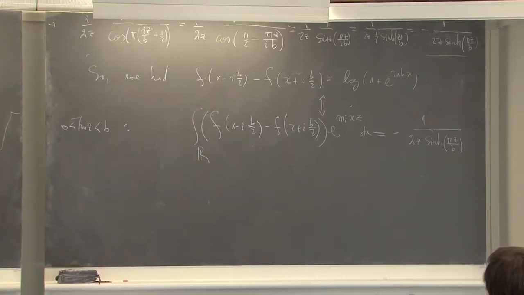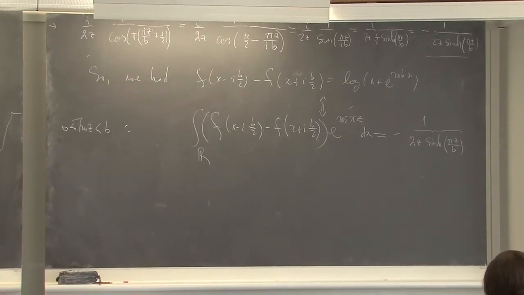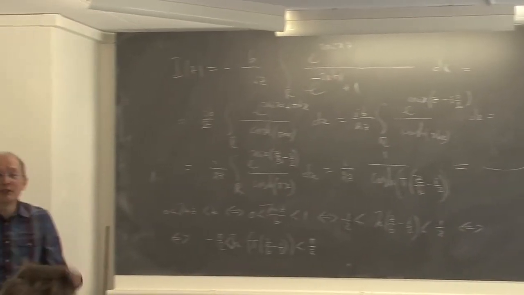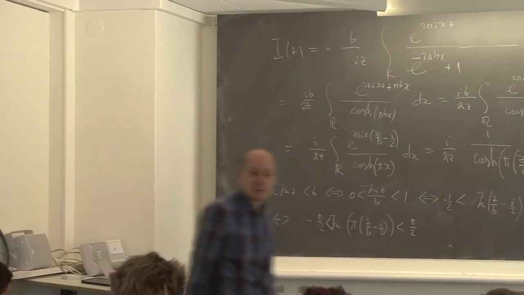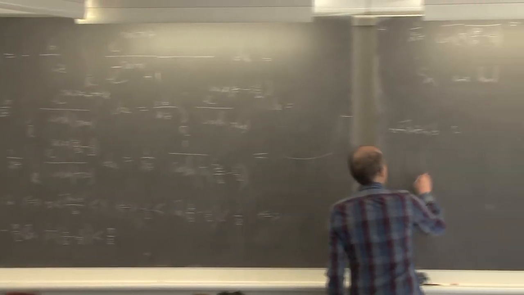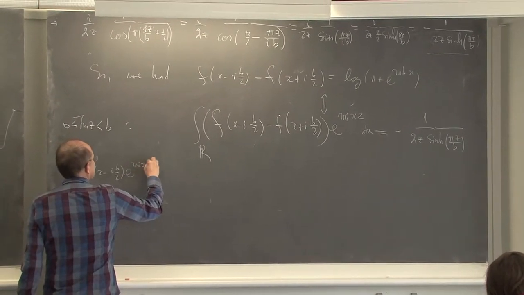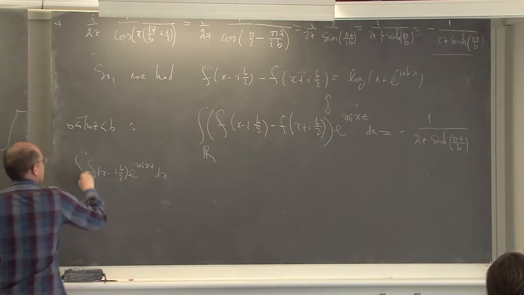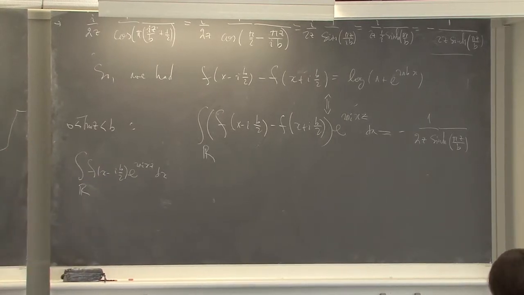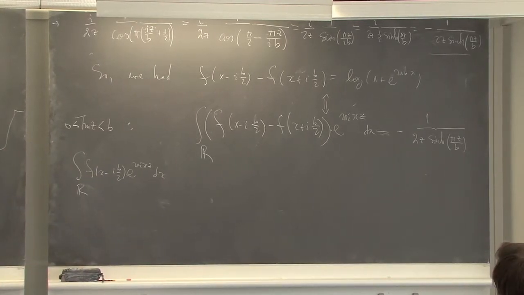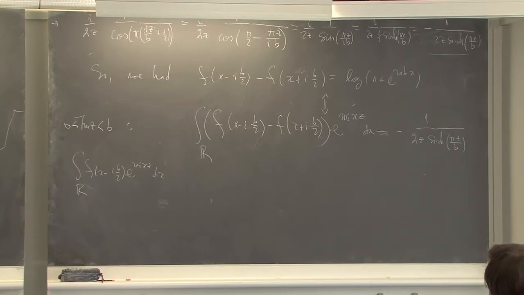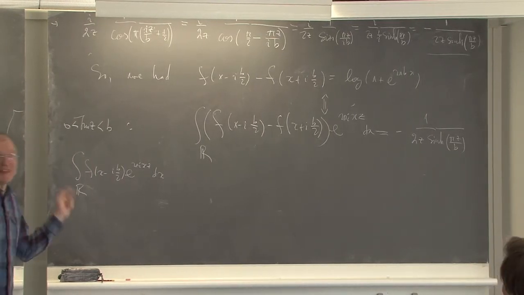And the left-hand side is easier because we don't know what f is. As I said, it is easy because we just redenote things, and that is it. So f of x minus ib over 2 e^(2 pi i x z). And here the analytic assumption about f plays the role, right?